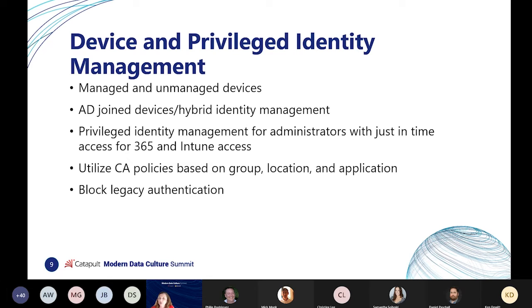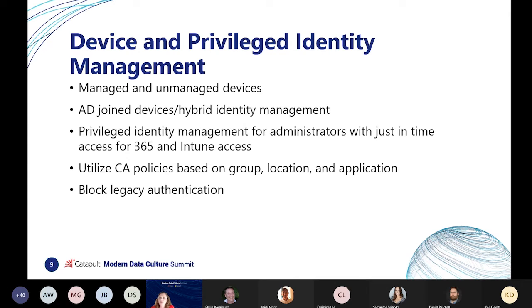But certainly we can utilize managed and unmanaged devices, so we're having those device checks running rather seamlessly, and so we can have various compliance checks in place. Oftentimes this is going to take the form of AD joined devices. Maybe we are going to have hybrid identity management in the environment.